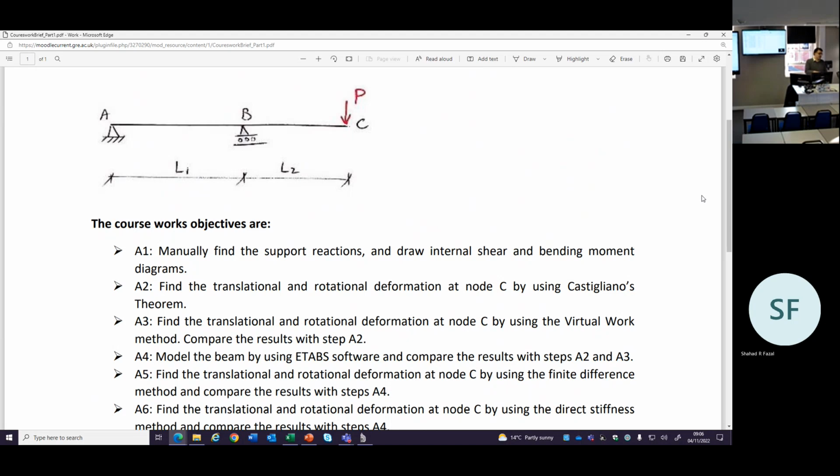And before I go through the coursework content, I want to remind you all: today we are in week number 8 of the semester, which means week number 6 of the lectures, because lectures started from week 3.